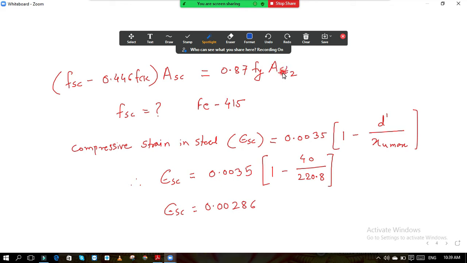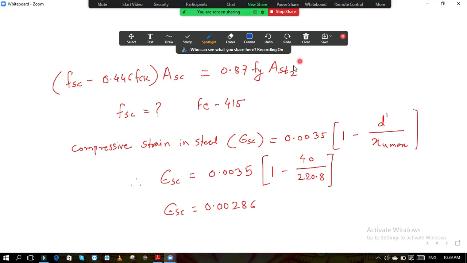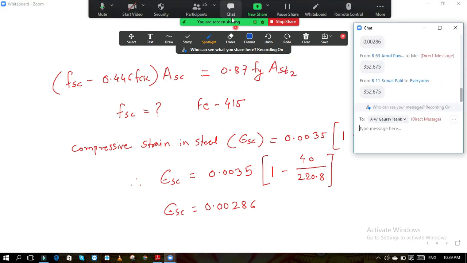Total AST is known to us. Total AST is the 4 bars of 25 mm diameter. But you know that total AST is equal to AST1 plus AST2. So from here we will get the value of AST2. First of all we have calculated the value of this FSC. Now we will calculate this value of AST2.